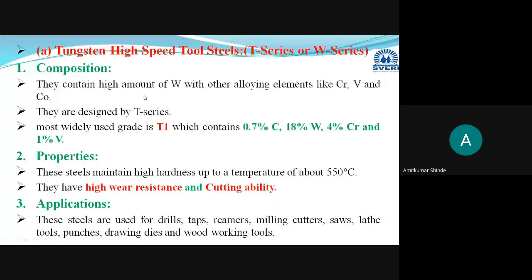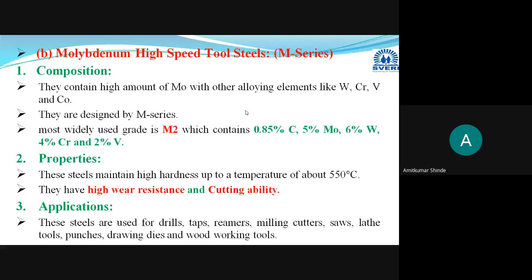Then here, now first point will be regarding the composition. Now here they contain a high amount, as we have given the name, that is tungsten high speed tool steel. Principal alloying element will be tungsten in this case, and in the next, that is the molybdenum type, here principal alloying element will be molybdenum.